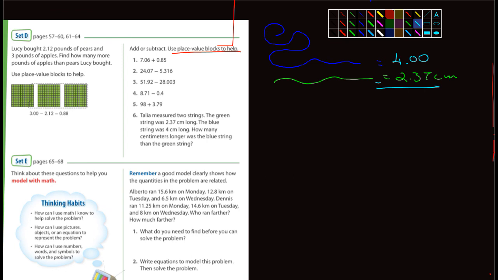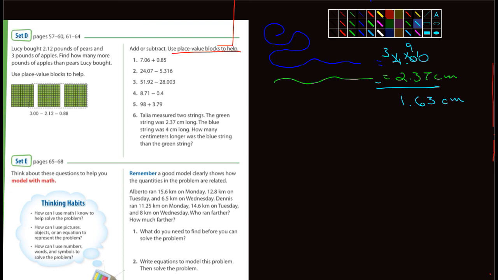The old-fashioned way would be to borrow from the 4. The 4 would become a 3. This would become 10, but you have to borrow from that. That becomes a 9. So the last 0 becomes 10. That's going to be 3, and 3 from 9 is 6, and 2 from 3 is 1. 1.63 centimeters left over.